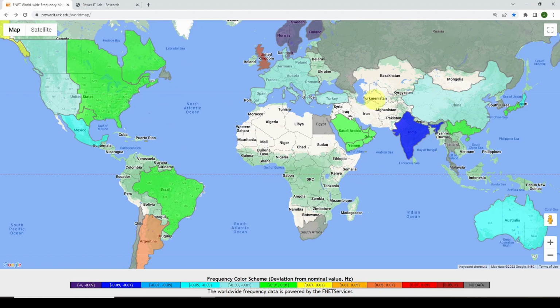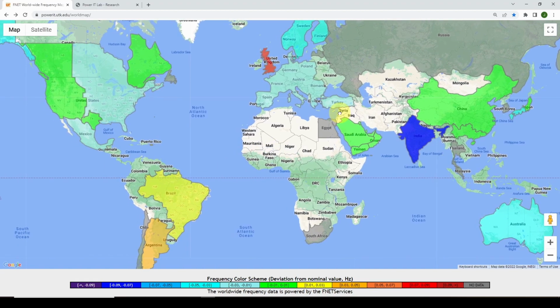So you can see that different countries have different frequencies relative to what's normal. You can look at this and say, hey, the frequency in India here is kind of low right now. And in Brazil, it's a little bit higher than normal. So it's really fascinating. You can use this to kind of get a heartbeat or a pulse of the electric power systems around the world.